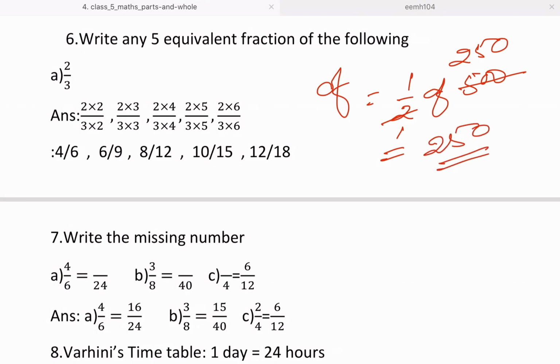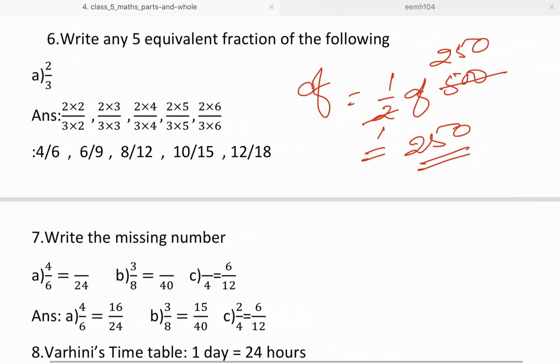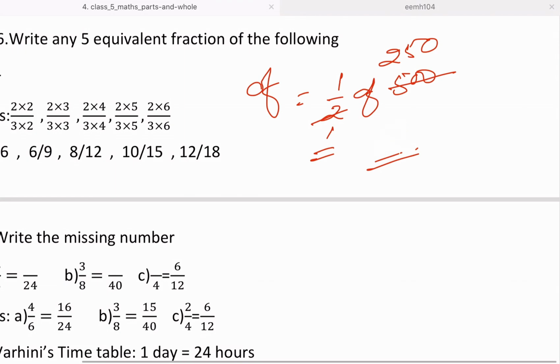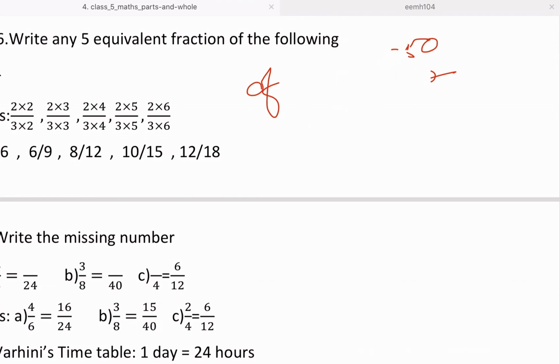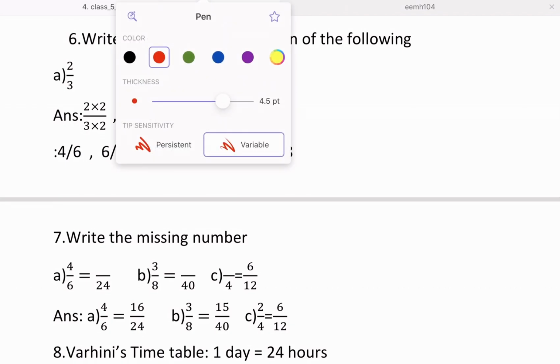Now we are going to read about the equivalent fraction. What is equivalent fraction? Equivalent fractions are two fractions that are equal.